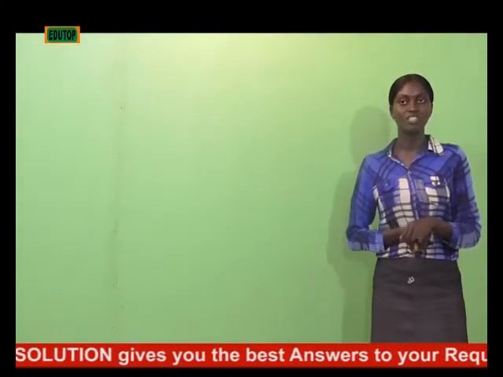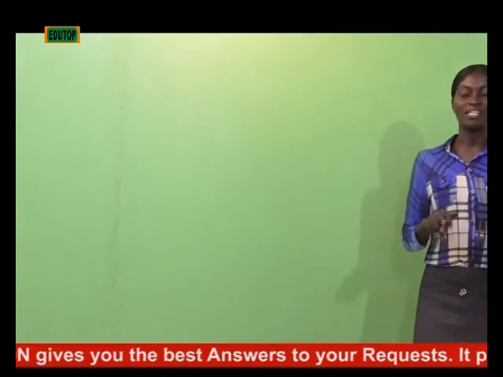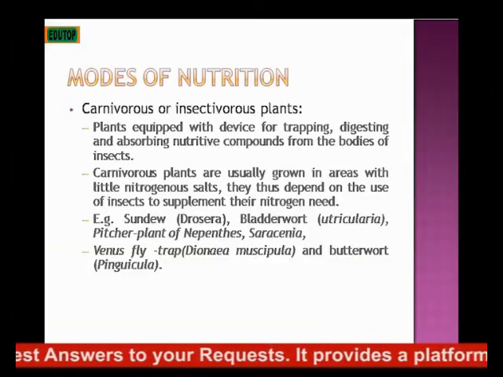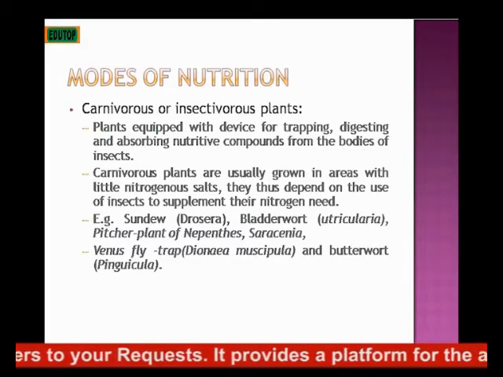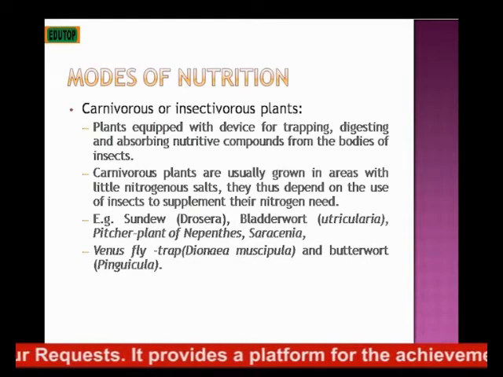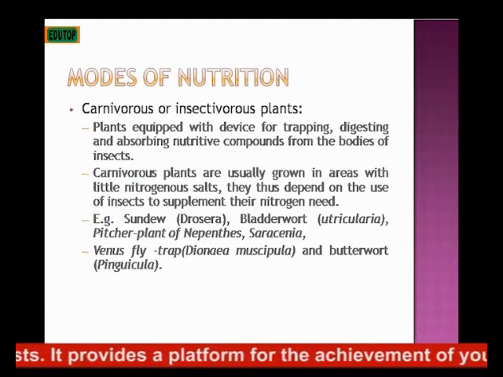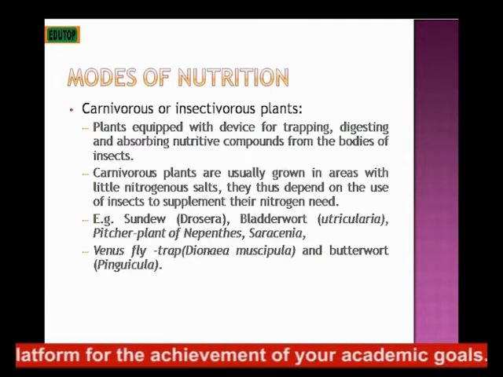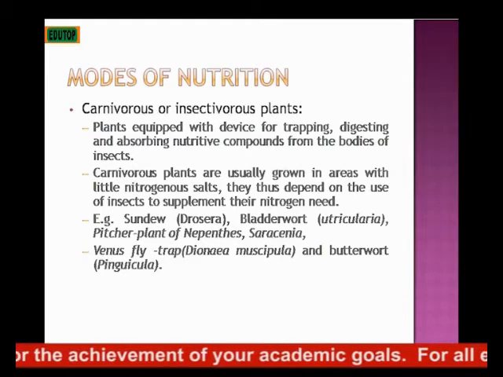Another mode of nutrition is the carnivorous or insectivorous feeding. Carnivore, we said they are flesh eaters. So some plants are equipped with devices for trapping, digesting, and absorbing nutritive compounds from the bodies of insects.